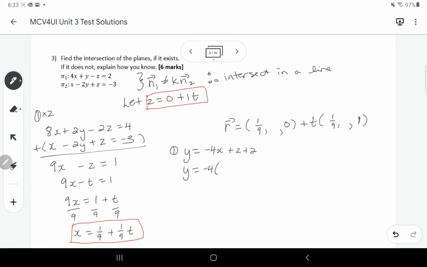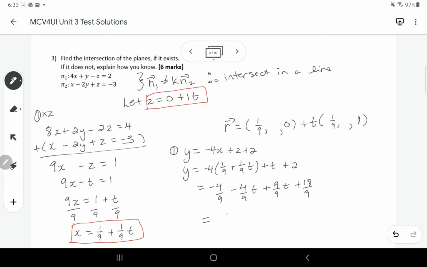So I get negative 4 times (1 over 9 plus 1 over 9t) plus t plus 2. So negative 4 over 9 minus 4 over 9t plus 9 over 9t plus 18 over 9. Just common denominator it all up here.